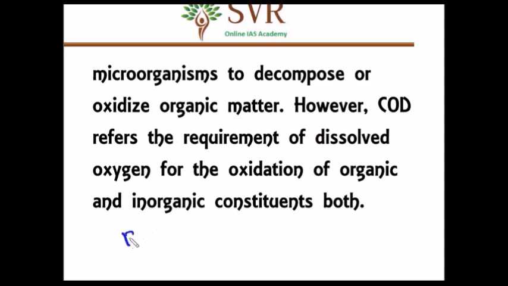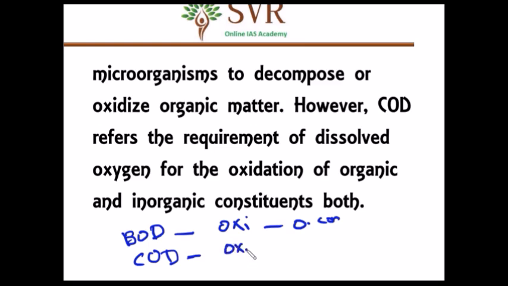The second point is that BOD indicates the amount of dissolved oxygen required for oxidation of the organic compounds. At the same time, chemical oxygen demand is the amount of dissolved oxygen required for oxidation of both organic compounds as well as inorganic compounds. These are the two important differences between chemical oxygen demand and biological oxygen demand.